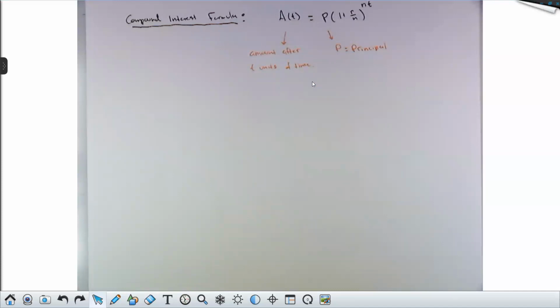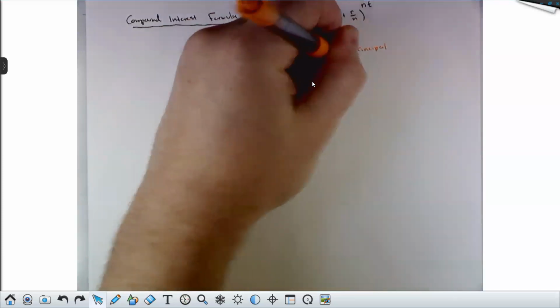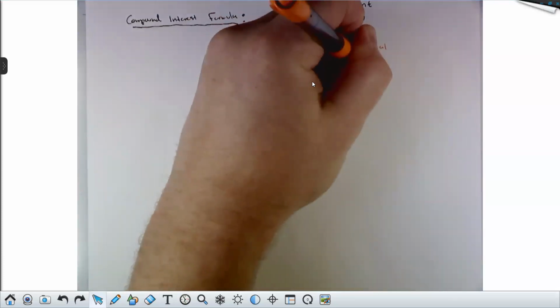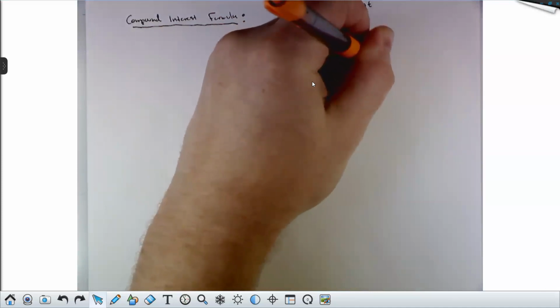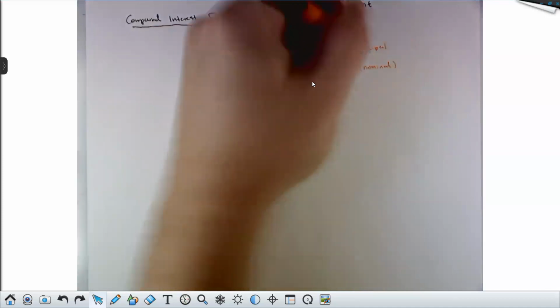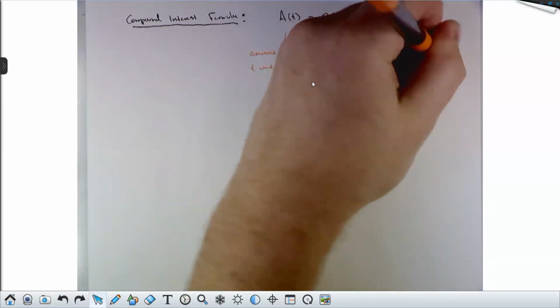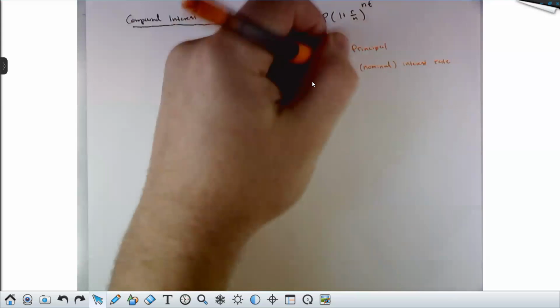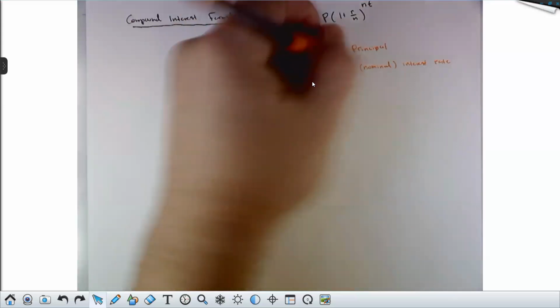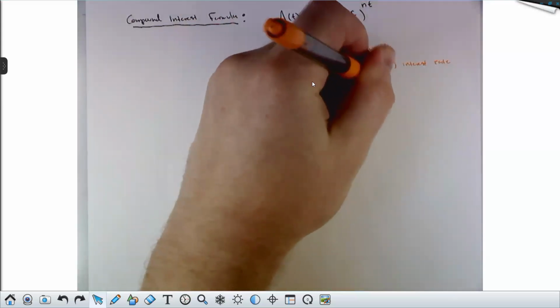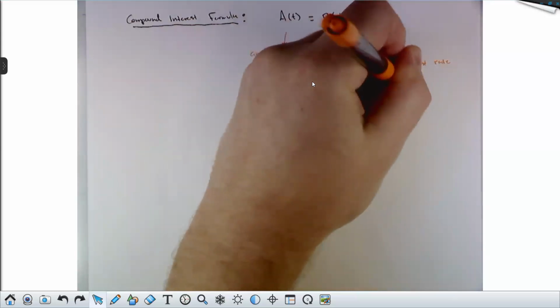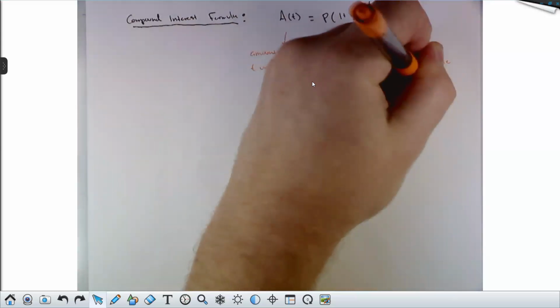P here is like C from the previous problem. R is the interest rate, and it's often called the nominal interest rate. N is the number of compoundings. I'll explain what that means.